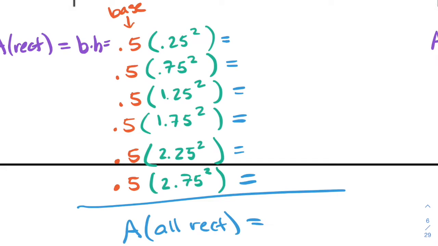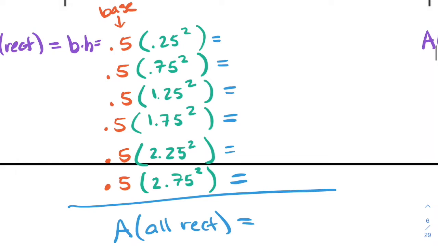So let's see. 0.25 squared times 0.5. We get, oof, this is rough. It's okay. 0.03125. Now we're going to do the next one. 0.28125. Let's hope this cleans up nicely.